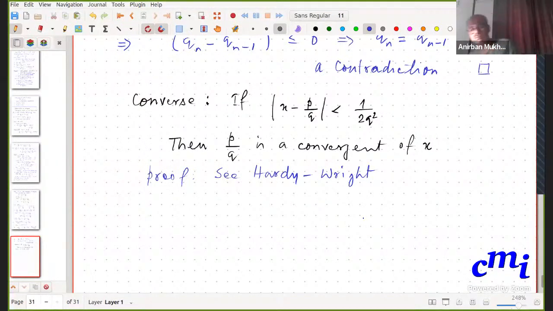Okay. So with that, we are done with the theory we wanted to do. Now, as I was saying yesterday, we will talk about pi. So pi is, of course, something difficult to approximate, though from our school days, we are using the approximation 22 by 7 all the time.